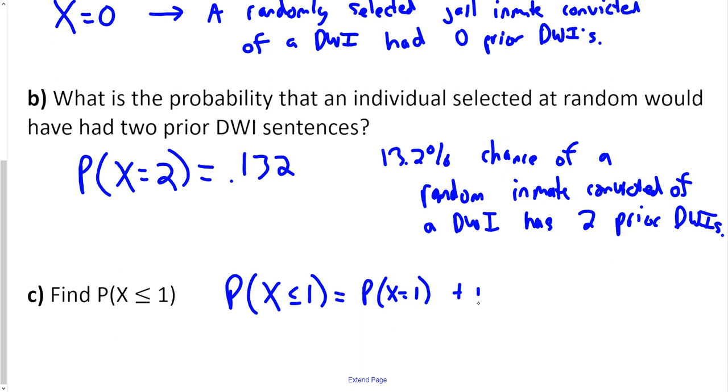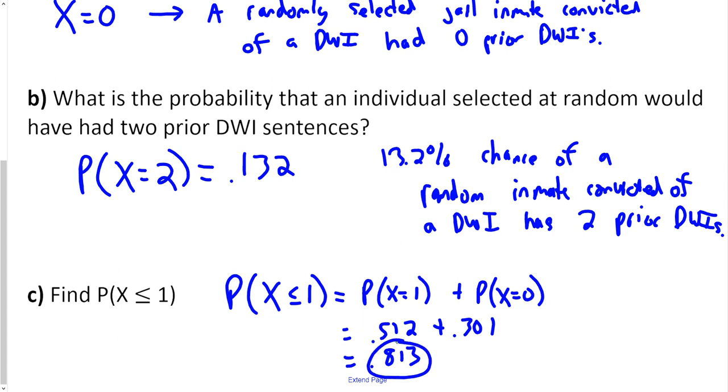So we would add the probability of X being 0, because it's at 1 or less. So really, that ends up being 0.512 plus 0.301, which gets us 0.813.